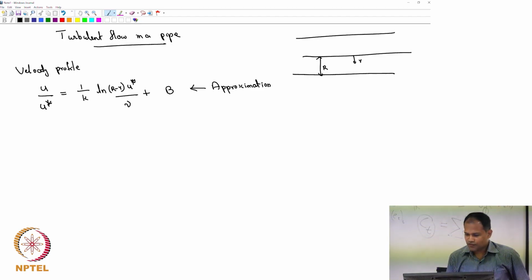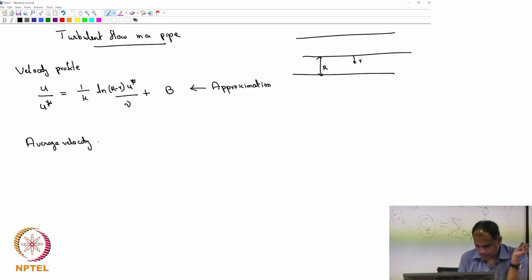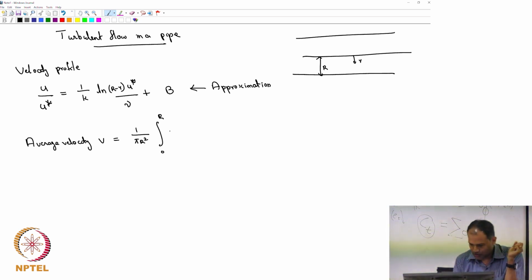So if this is the case, let's calculate the average velocity in the pipe. Right now we have just taken it as an approximation. How do we calculate the average velocity? Let's say V is equal to 1 by pi R squared, integral 0 to R of u into 2 pi r dr. Is that right?